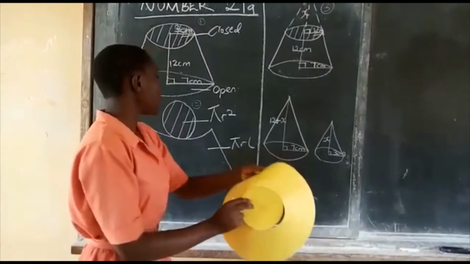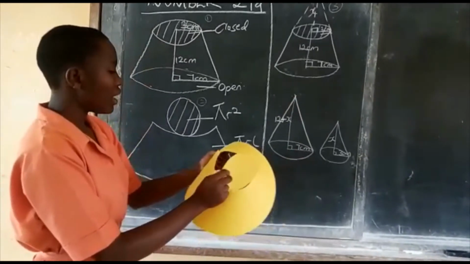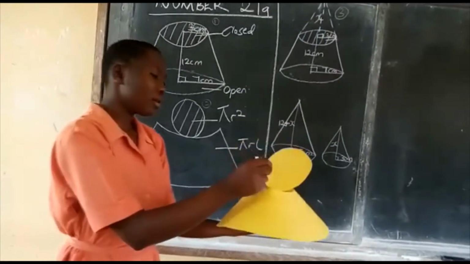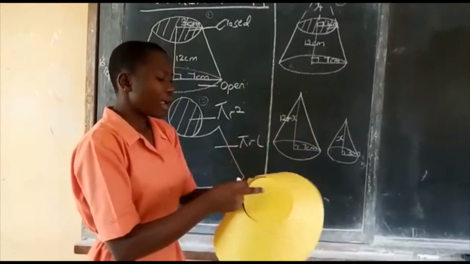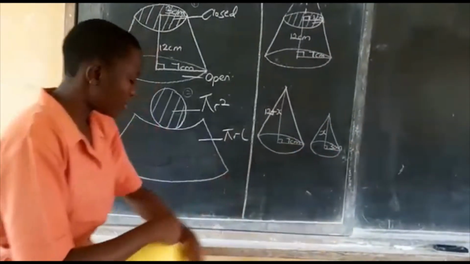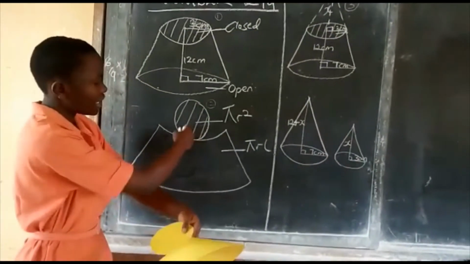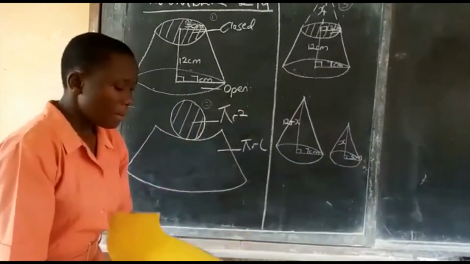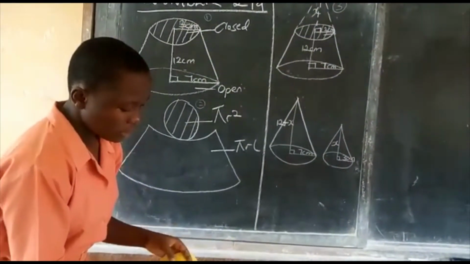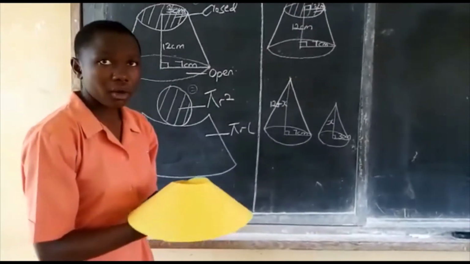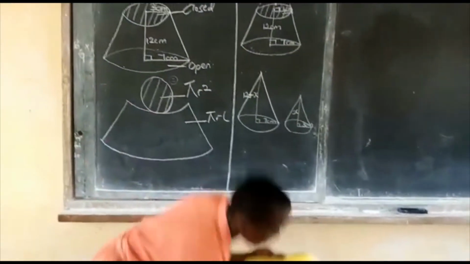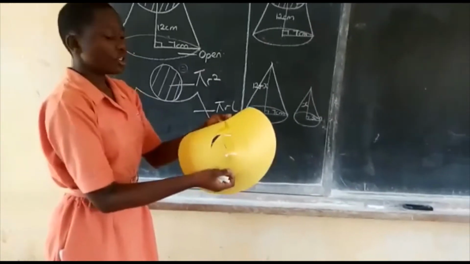So to find its total surface area, we shall need the area of the circular surface and the area of the curved surface. As illustrated here, we have the circular surface and the curved surface. But this lampshade was got as a result of chopping off. It was a full cone like this, and we chopped off.